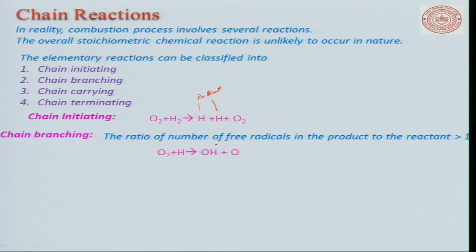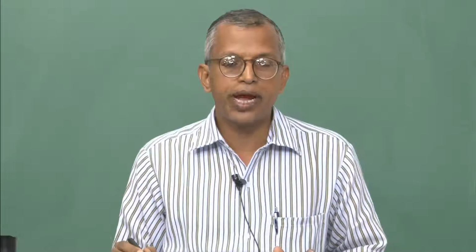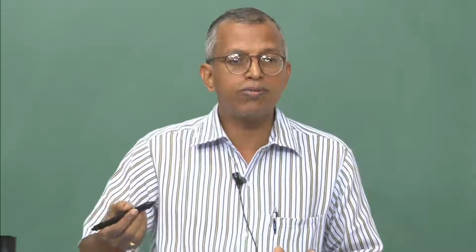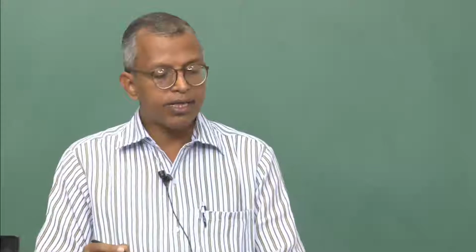For example, O2 reacting with H, another radical, going to OH plus O. In the product, how many radicals are there? 2. On the reactant side, it is 1. So, 2 divided by 1, this ratio is greater than 1, therefore this is a chain branching reaction.